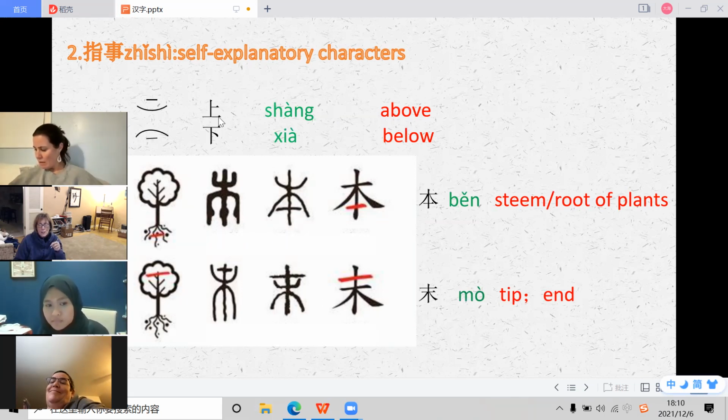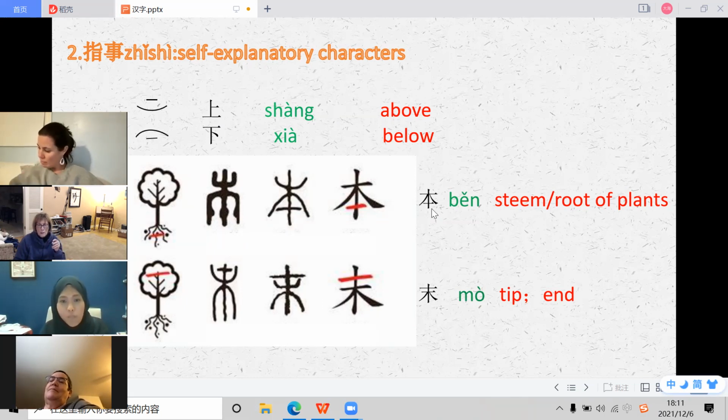So this is 上, shang. 下, xia. There are two words: 上课 means class begins, and 下课 means class is over.